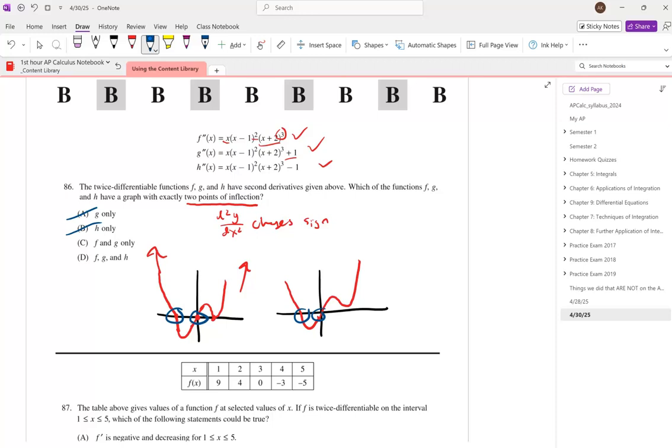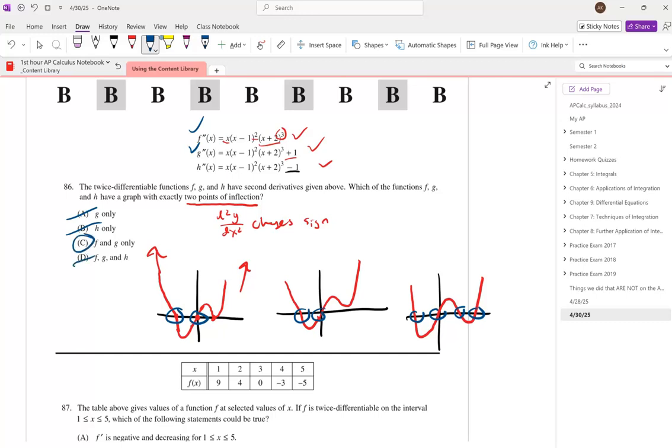Still have 2, so that one works. So F and G both work. If I do H, that's going to shift down 1 unit. Oops. And that one doesn't work, because now I have 4 inflection points.